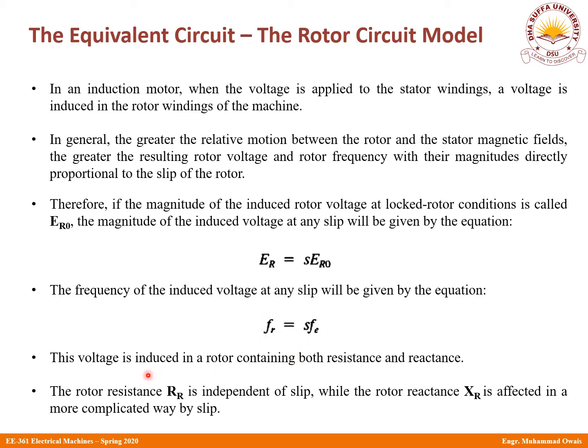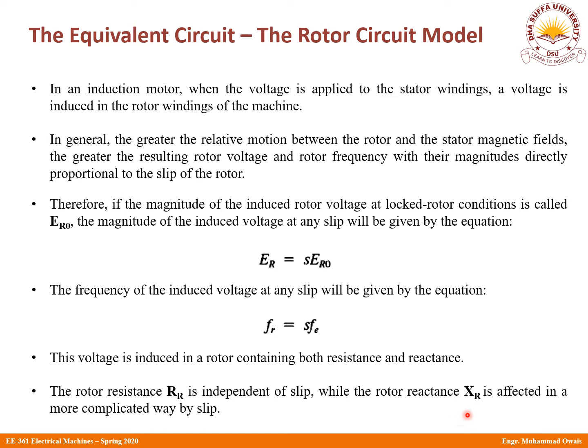So this voltage induced in the rotor, and that rotor has some resistance and reactance as we saw in the transformer equivalent model. For the rotor there are two terms, RR and XR. This RR is pretty independent of slip, except for the case of skin effect, which we are not going to discuss here.